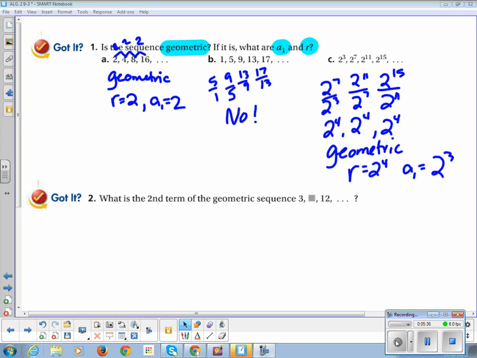All right. One of the areas that you'll use geometric sequences in is finding missing terms. So in 3, comma, we don't know what, comma, 12, we want to find out what the second term of the sequence is.